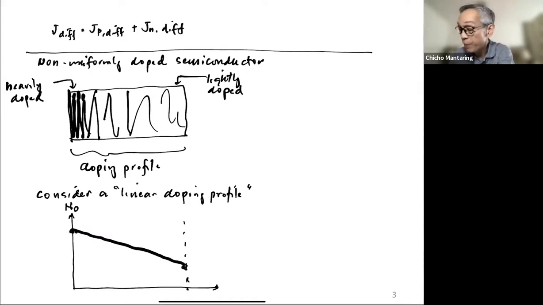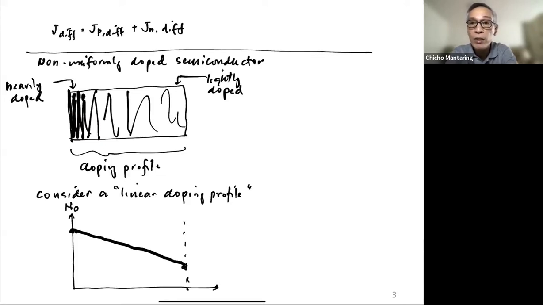Okay, what's going to happen? The instant this solid is created, there's going to be a non-uniform concentration of free electrons. That is assuming total ionization. I explained total ionization last time. Total ionization is when all of the impurities are ionized.